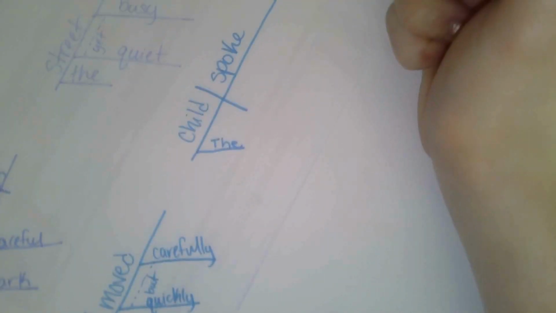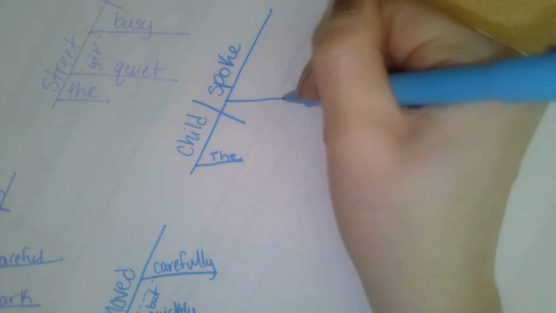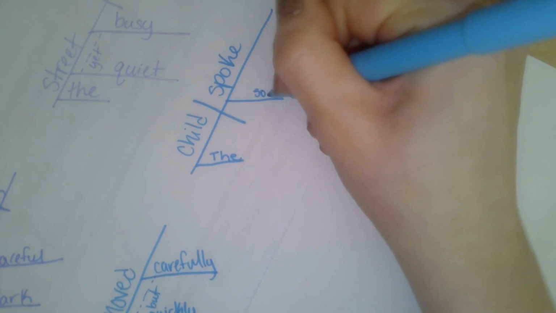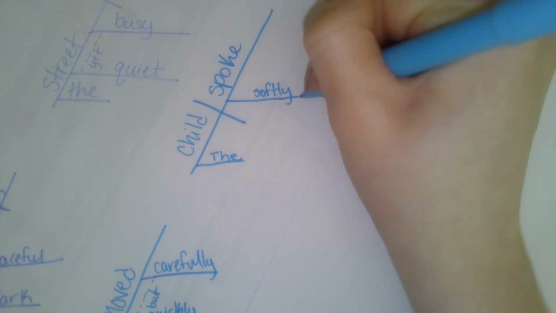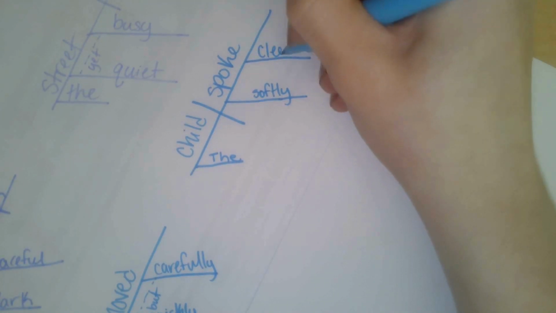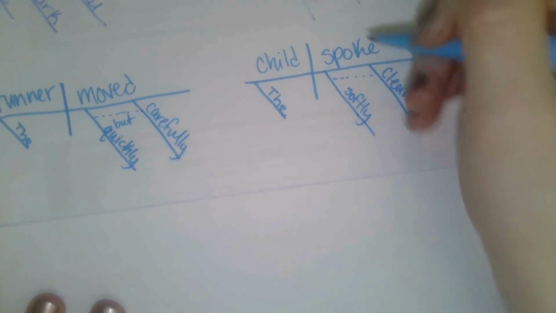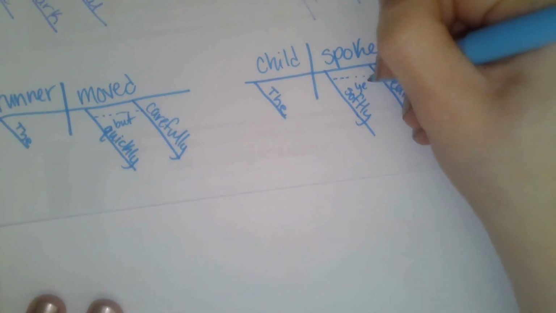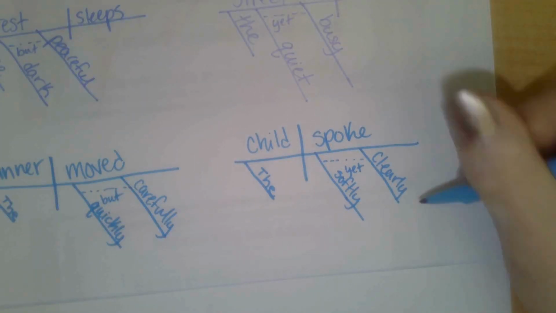And we have our adverbs, softly, and then clearly. Conjunction between them is the word yet. So, the child spoke softly yet clearly. Here we go.